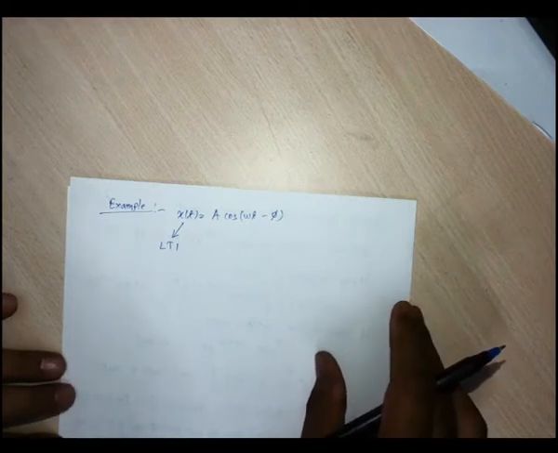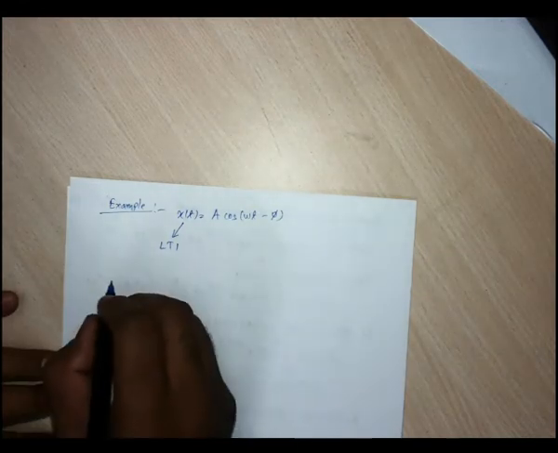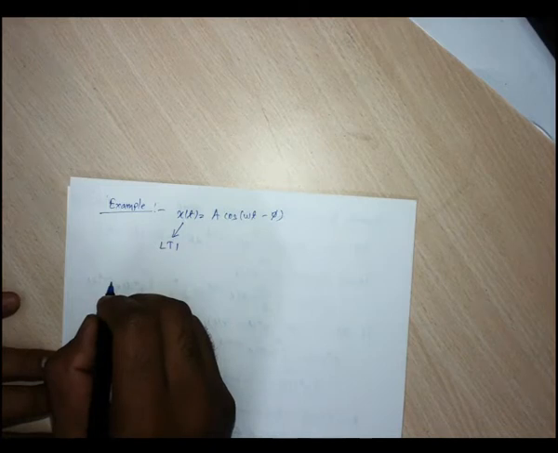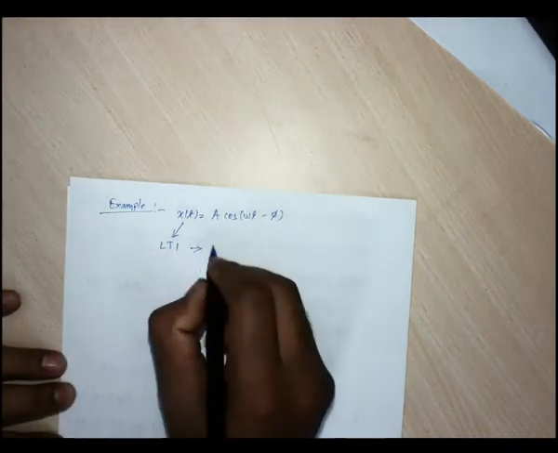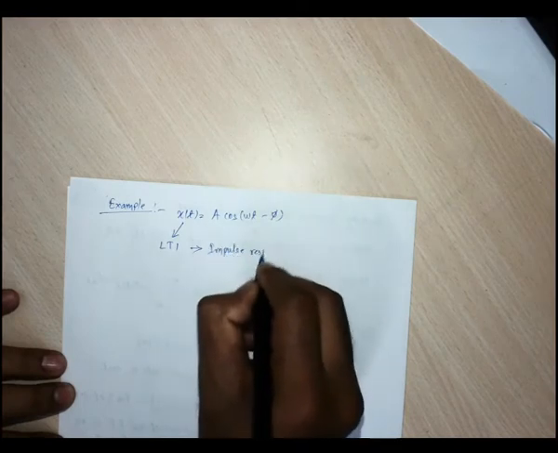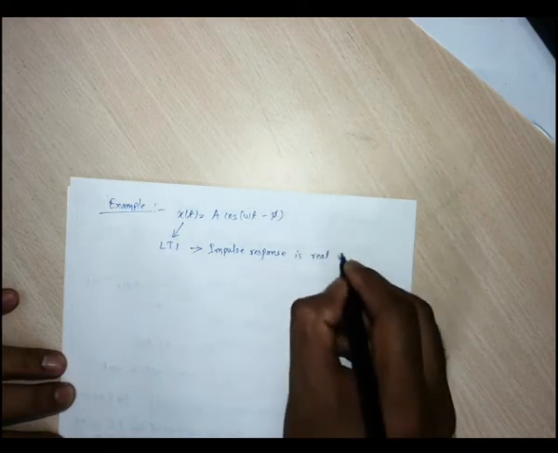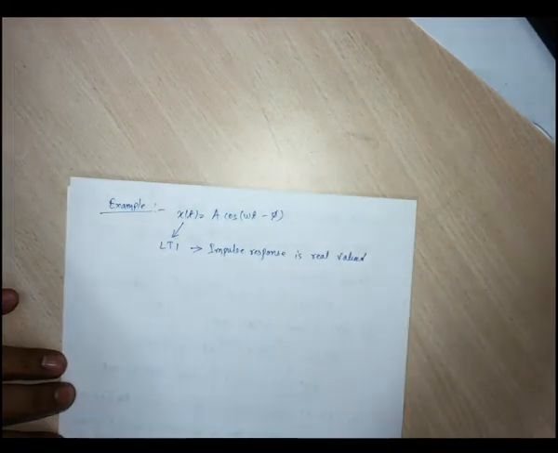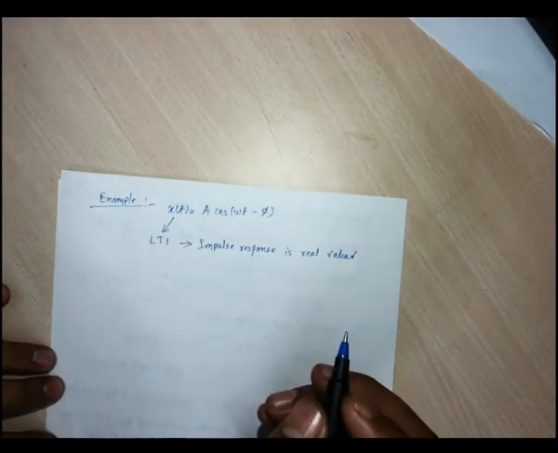So let us find how it is. Let us consider that the impulse response of this LTI system is also real-valued. Now for this x(t) we can expand by Euler's formula.